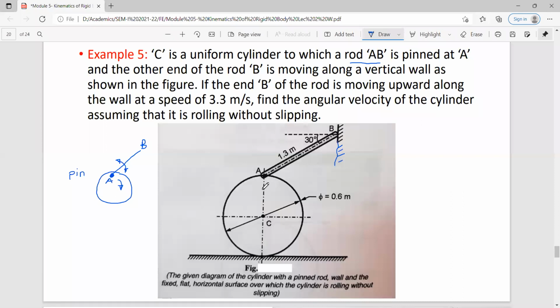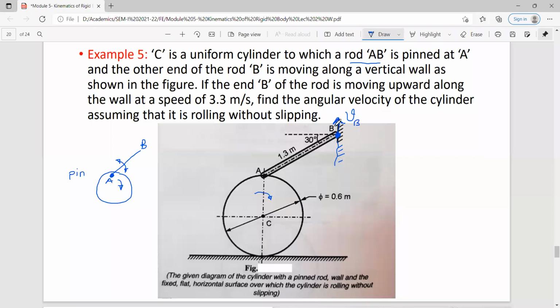So what will happen when the cylinder rolls like this? The point A will move here, and the point B will move upward or downward depending on the position of the point A. So the point B can have velocity in the linear direction, velocity of point B. It will slide along the wall because it is just leaning against the wall.